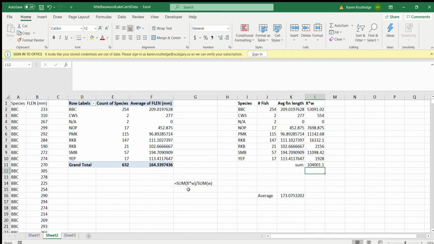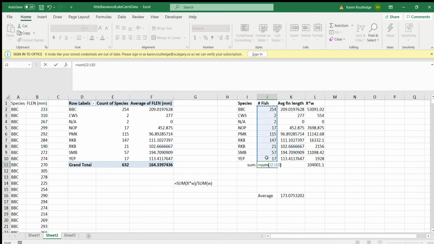So now we have the sum of x times w, that component. We still need the sum of w, so let's do another sum over here. And this is equal to the sum of w. So number of fish was our weights. So we will take the sum of the weights, which is 632. So that is the denominator, so we need to take this top part divided by the bottom part, and we'll get a weighted average.